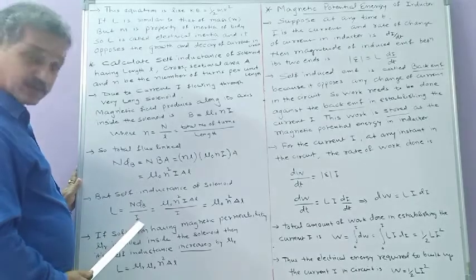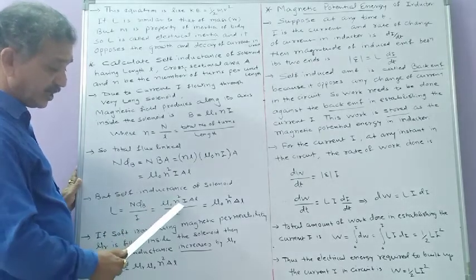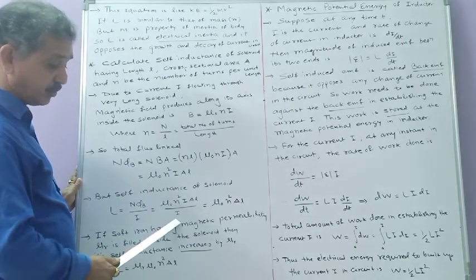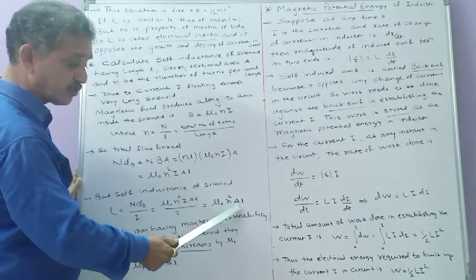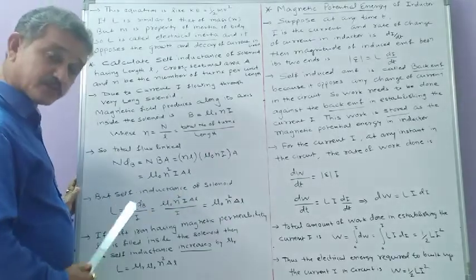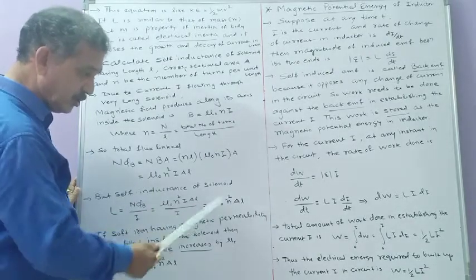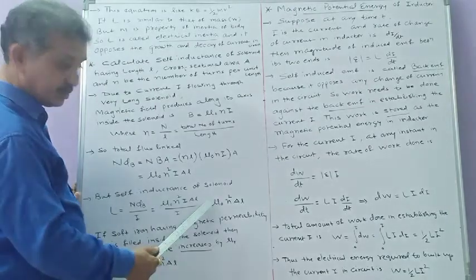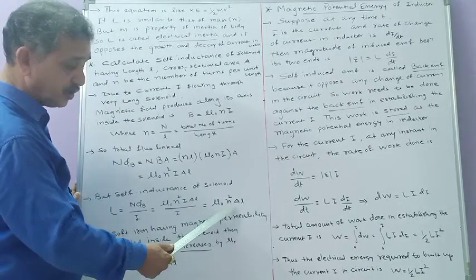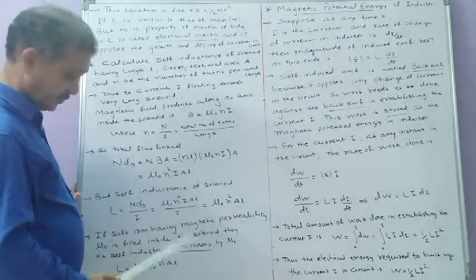So mu 0 n square I A l upon I; here I is cancelled, so mu 0 n square A l is the equation of self-inductance of a coil due to the electric current passing through. And this self-inductance, you see, does not depend on current. Mu 0 n square A into l.